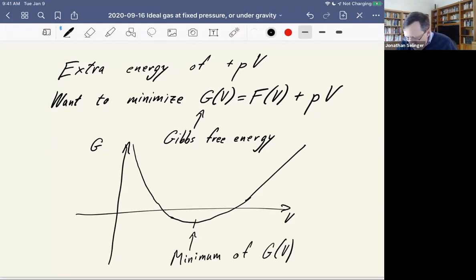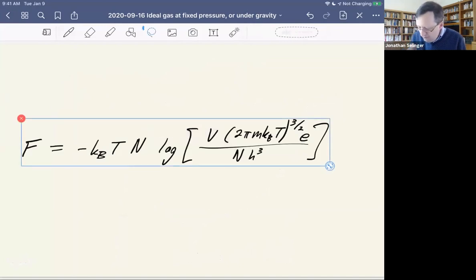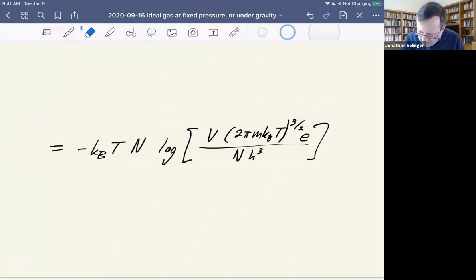So suppose we want to calculate it. Let's go back to our equation. If this is F, then I'll change it to G. G is all of this stuff plus pressure times volume.